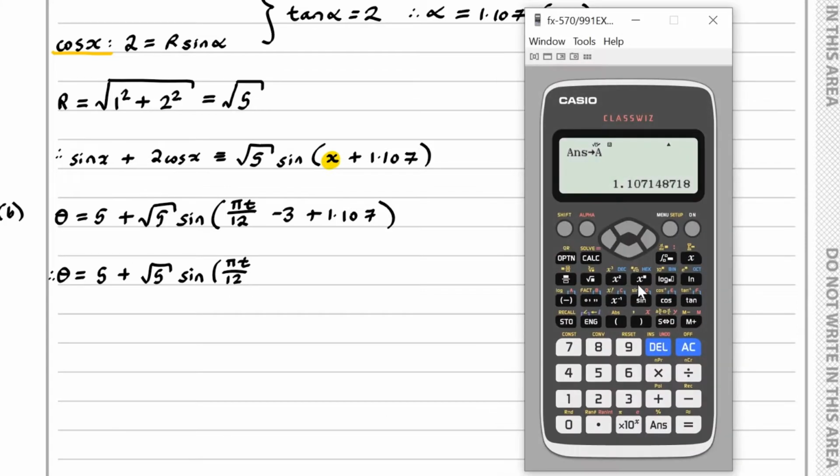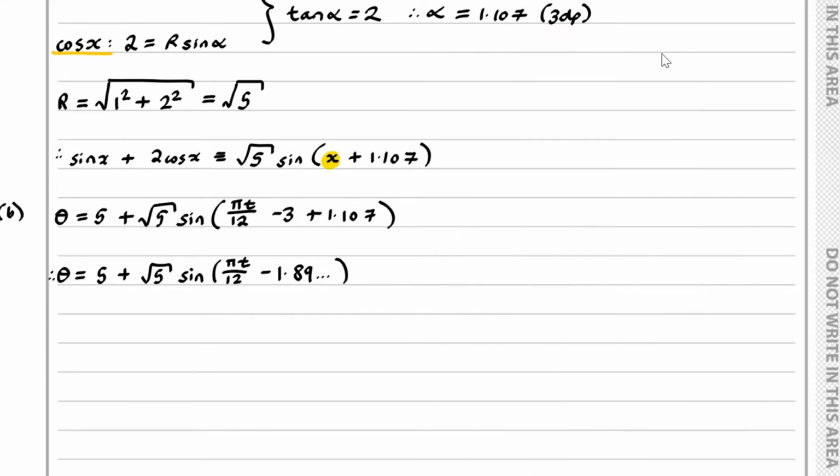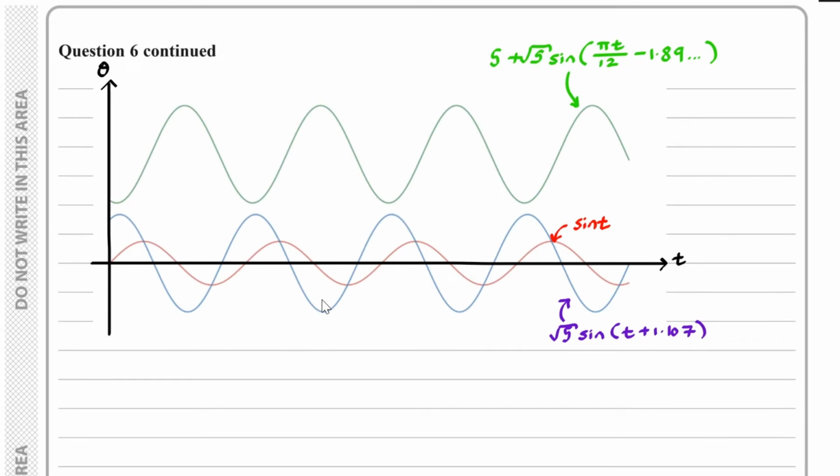Now here, if I subtract 3 from this and then store this into B, here we have minus 1.89, etc. Okay, so when we come to find out the maximum value of this result here, theta max, that will equal 5 plus root 5. And if that's not clear, I'll explain it using the graph here.